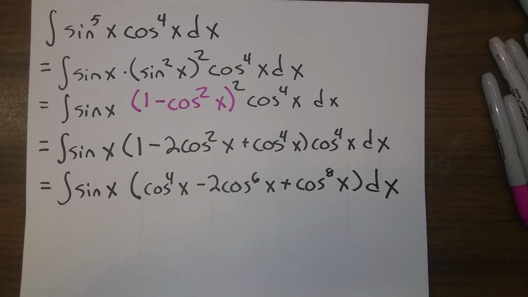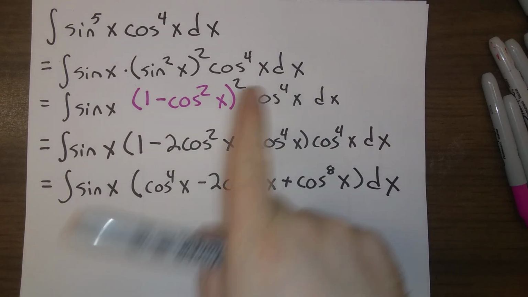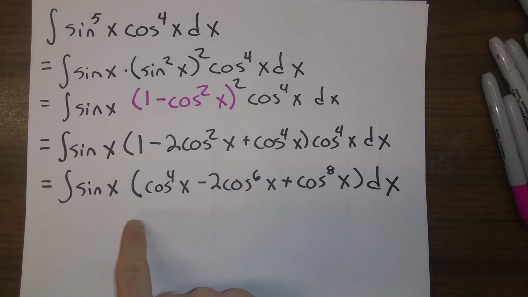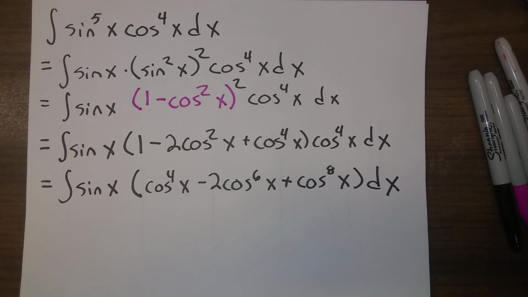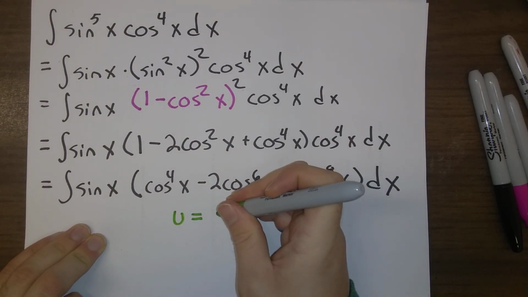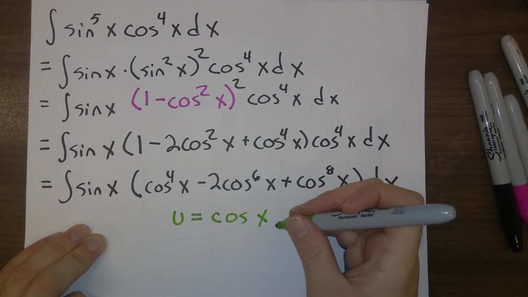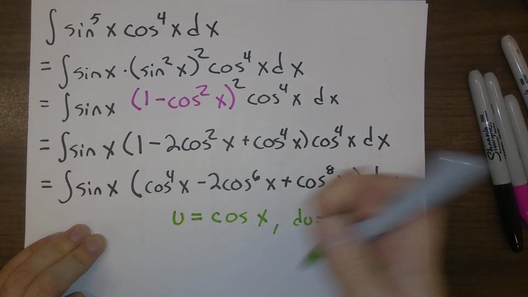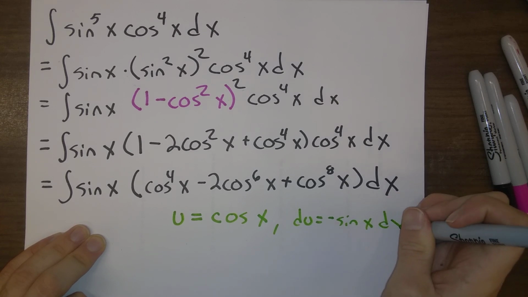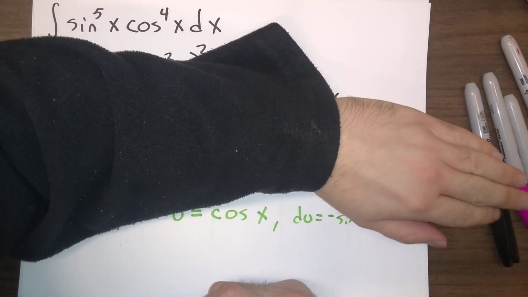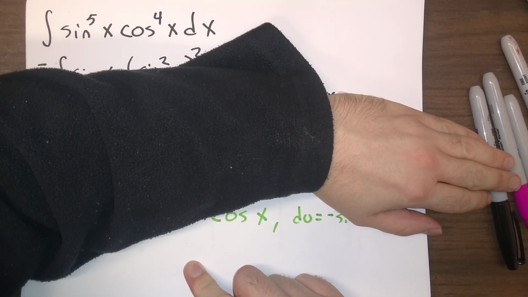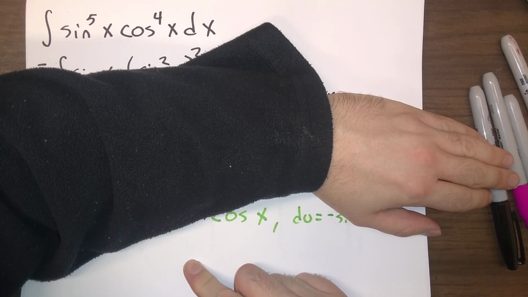Now we can see the point of what we've been doing here. I think it's worth explaining what's going on. Here's the payoff: now we can use substitution. We can say that u is equal to cosine x, and then du is going to be minus sine x dx. Back at the earlier step, it's not clear how we could use substitution.